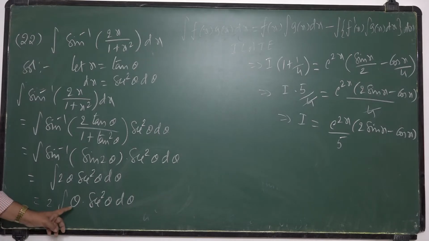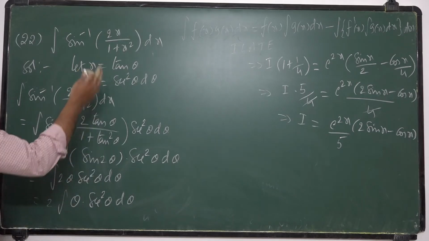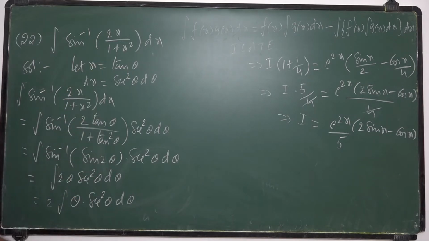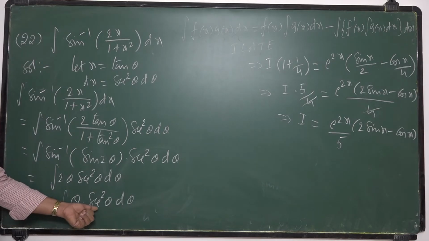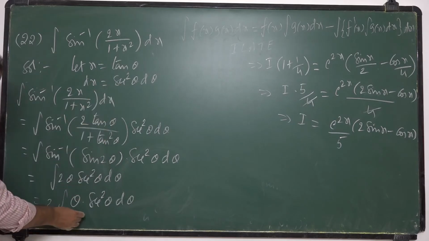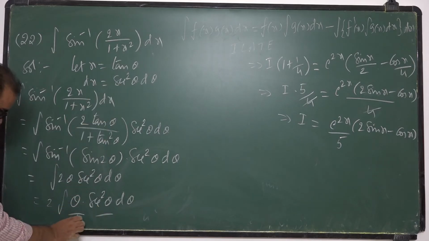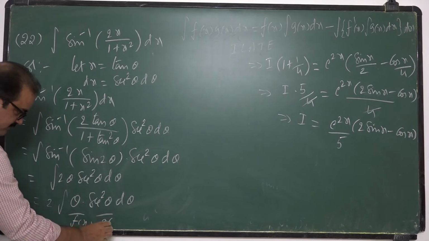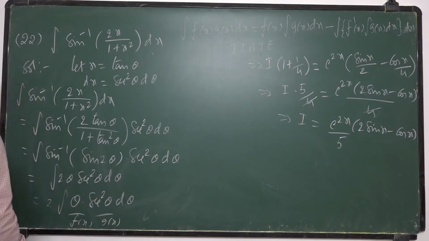Now we apply integration by parts. We apply the formula f of x into g of x. The first function is algebraic, this is trigonometric, so it follows that order. So we apply that formula directly.